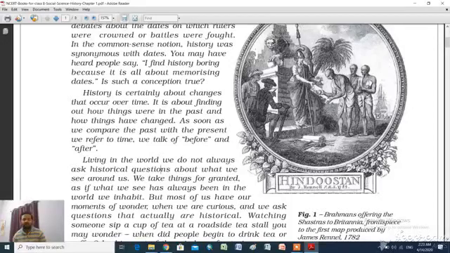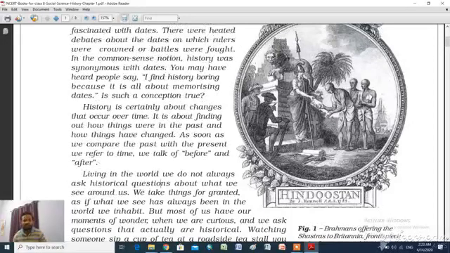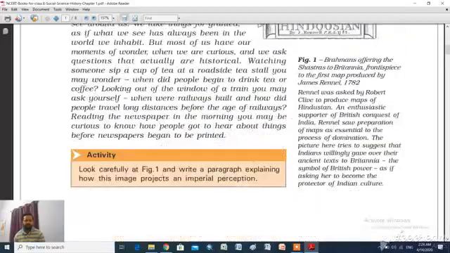So what can you see from this image? You can see that Indians are transferring their knowledge to the British. So here is an example exercise. Look carefully at figure 1 and write a paragraph explaining how this projects an imperial perception.